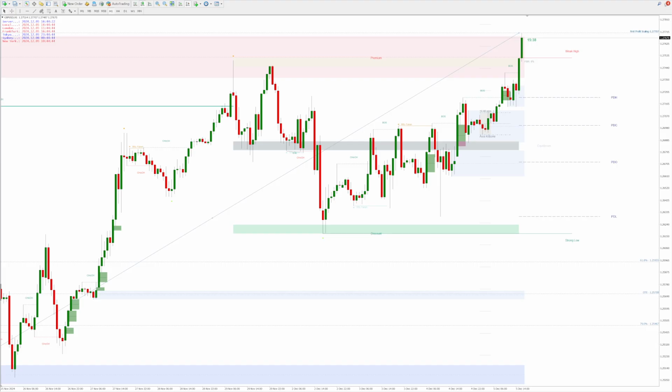So basically, the Smart Market Structure Concepts Indicator helps you to identify the real-time market structure, so things such as order blocks, premium and discount zones, equal highs and lows, fair value gaps, and more.